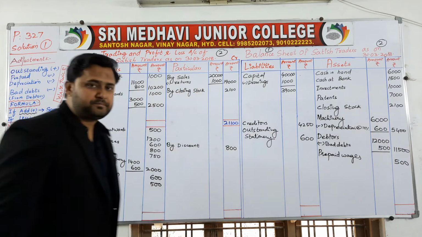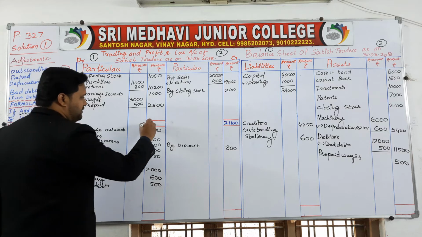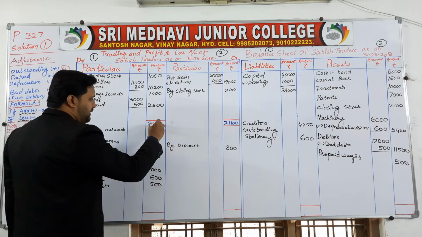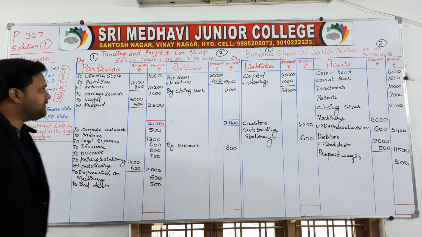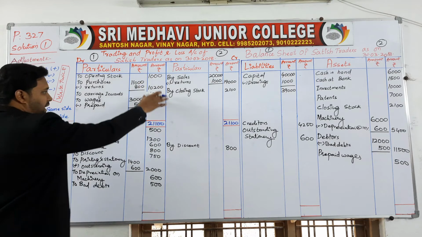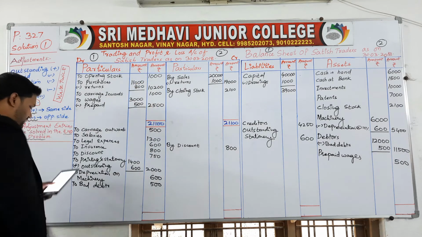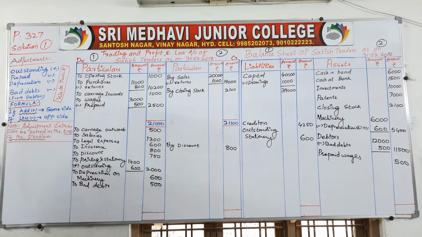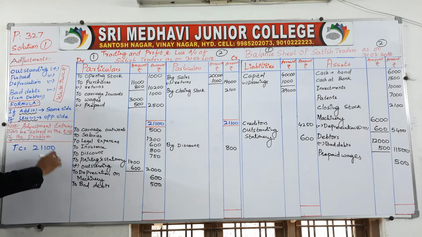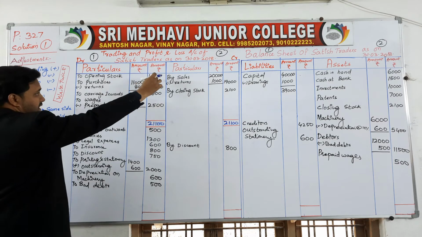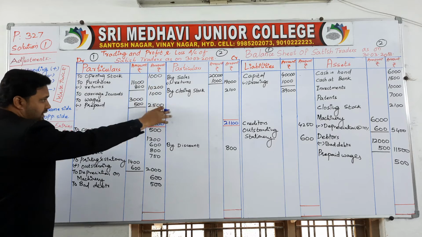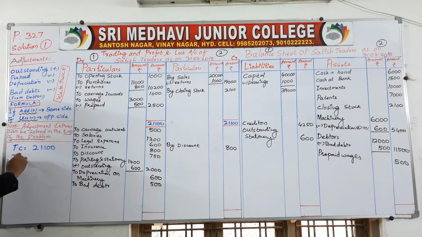You have to write here also 21,100. Trading account debit side total, you have to add all this.